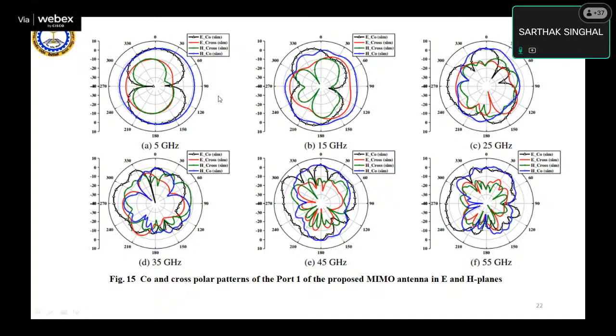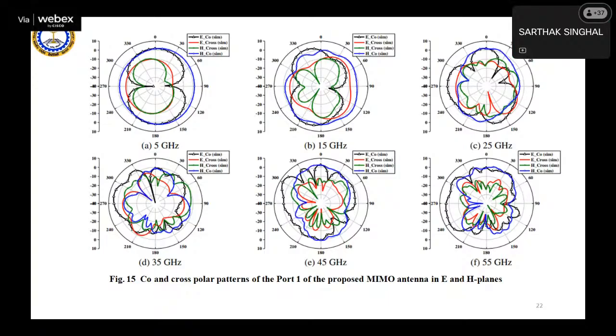In the H-plane patterns, there was a difference of nearly 20 dB between the co-pole and cross-pole patterns.